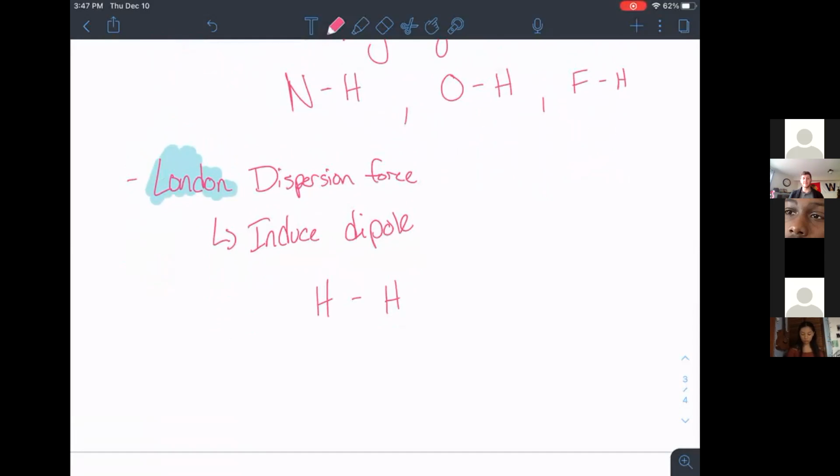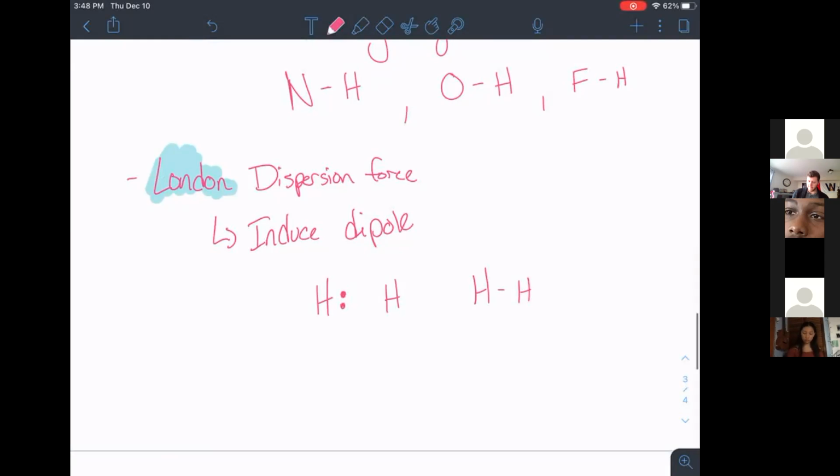And for an induced dipole, at one particular snapshot, if we're looking at it for just 1 second, if we bring in another hydrogen-hydrogen bond, we bring them close to each other, what's going to happen is the electrons for 1 second potentially could move towards one of those hydrogens. So the electrons over here, if we have our two electrons, they slid over so they're closer to this hydrogen just for one instance. They're closer to this hydrogen than the second one.